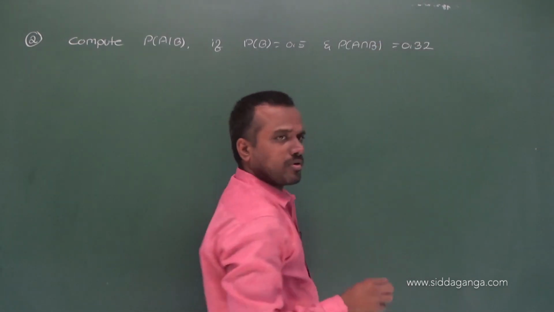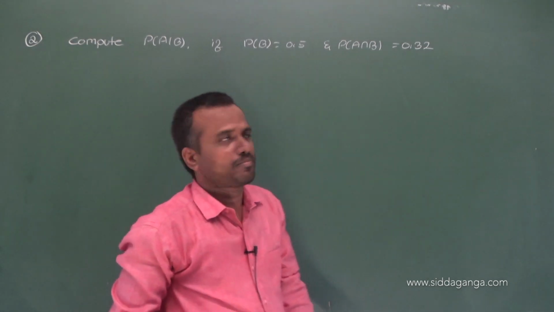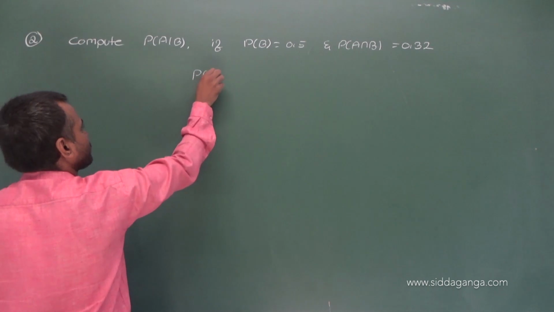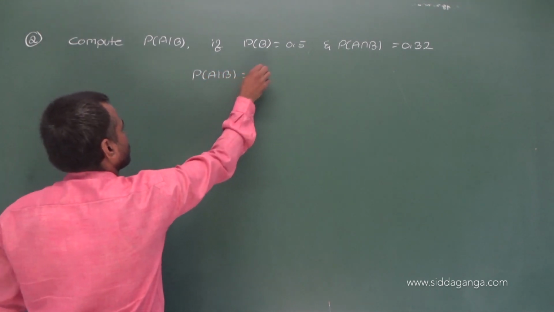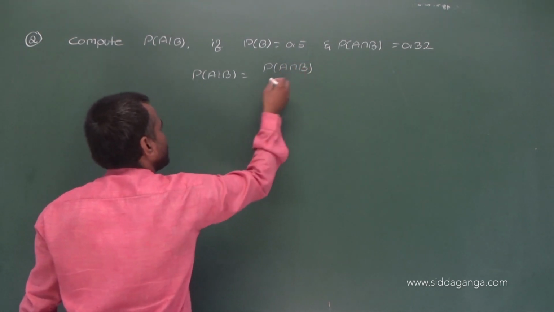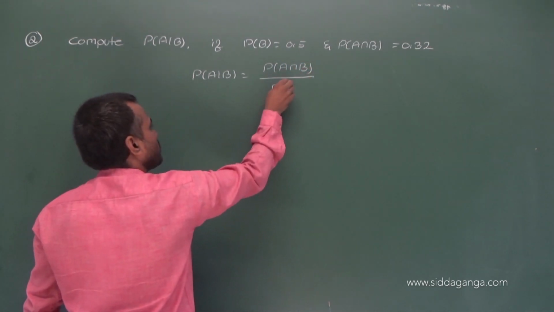Very simple problem. P of A given B, by the definition of conditional probability, is P of A intersection B divided by P of B.